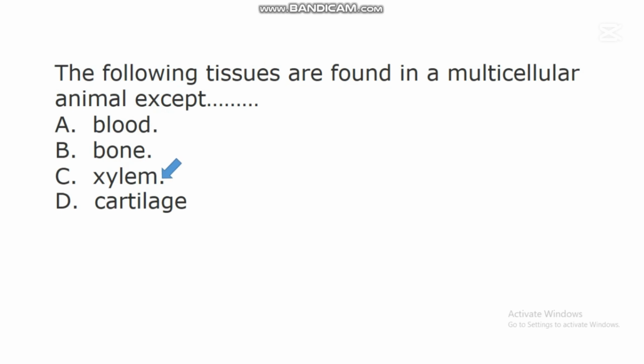There are different tissues that can be found in a multicellular animal. One of these tissues is blood. Bone is a tissue that can be found in a multicellular animal. Cartilage is also another tissue that can be found in a multicellular animal, but this tissue called xylem is not found in an animal. It's a plant tissue.